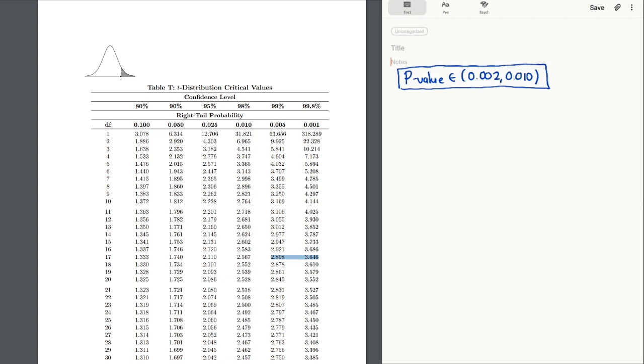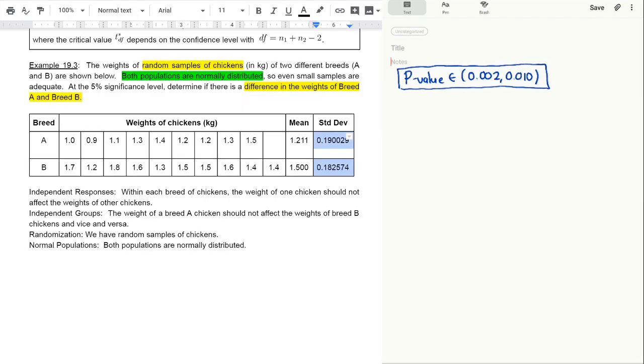So now we will compare this to the significance level. So we're testing at a 5% significance level. So alpha is going to be 0.05.